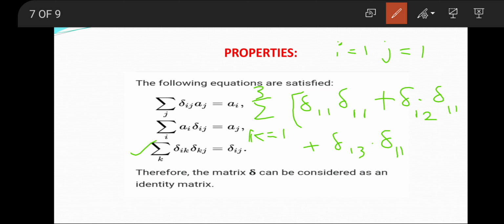So here k values are changeable. Ik kj, sorry, it is 2 comma 1 and it is 3 comma 1.